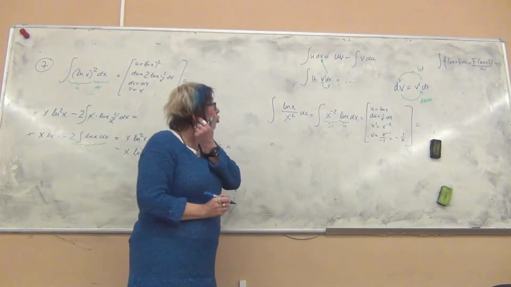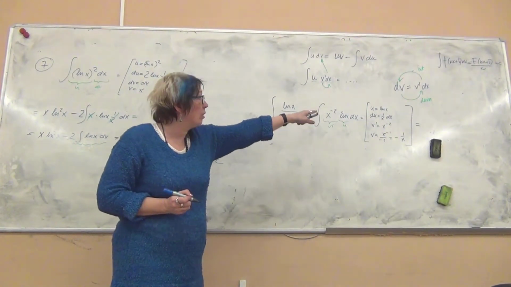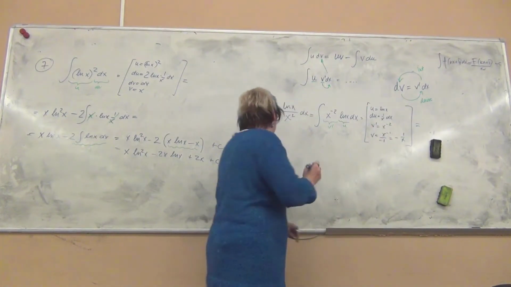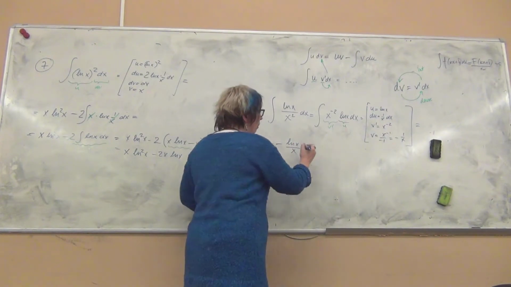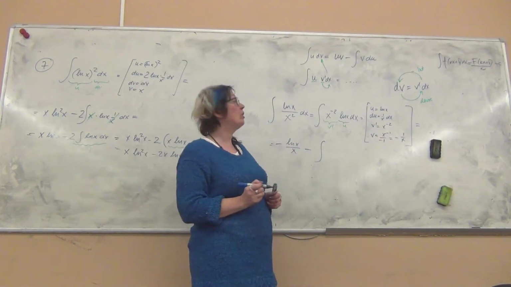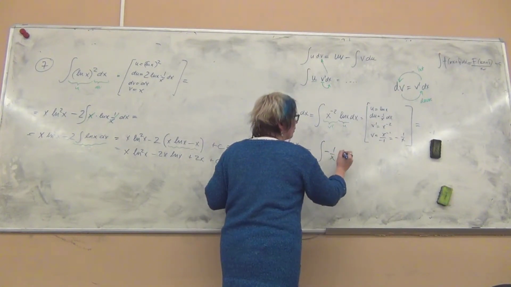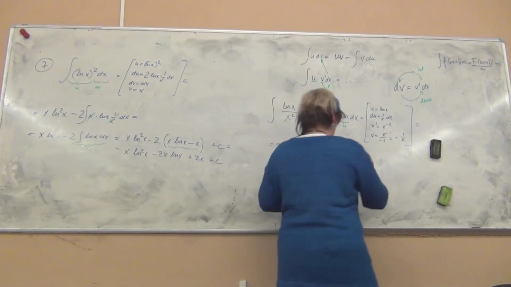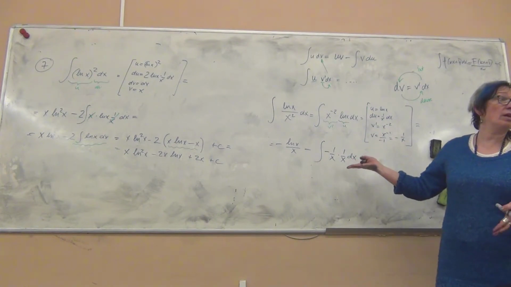And so uv minus integral v du: minus ln x over x, minus integral of minus 1 over x times 1 over x dx. No more logarithms, only a power, easy to integrate.